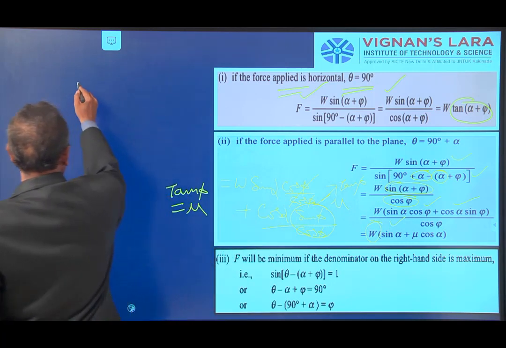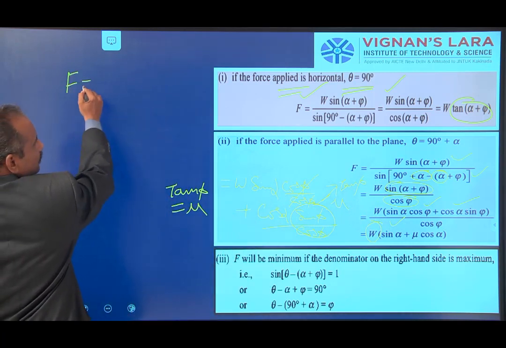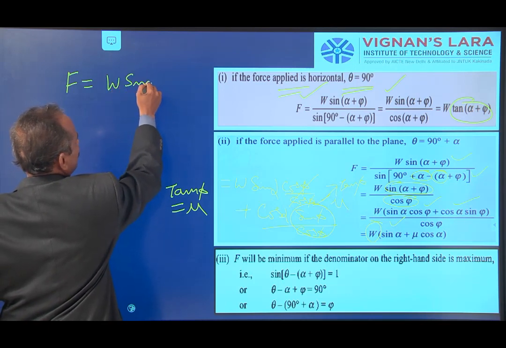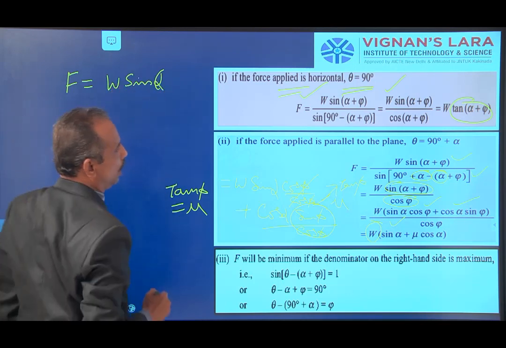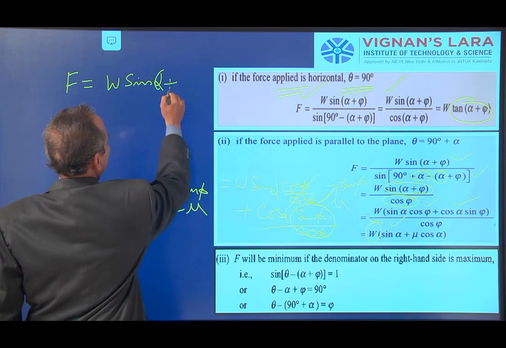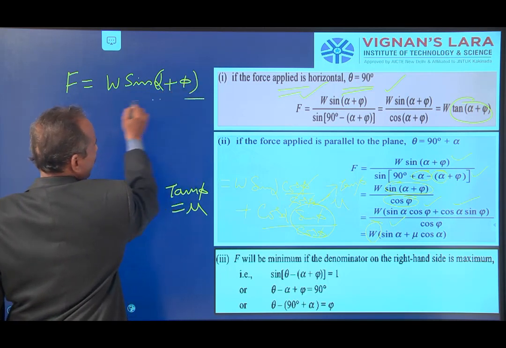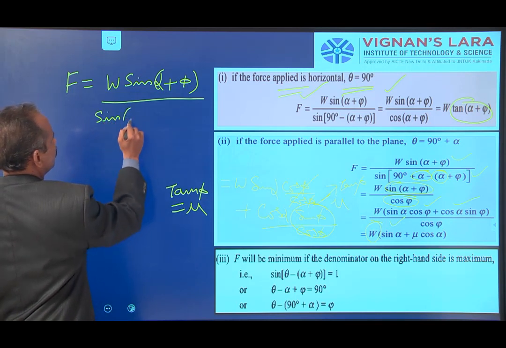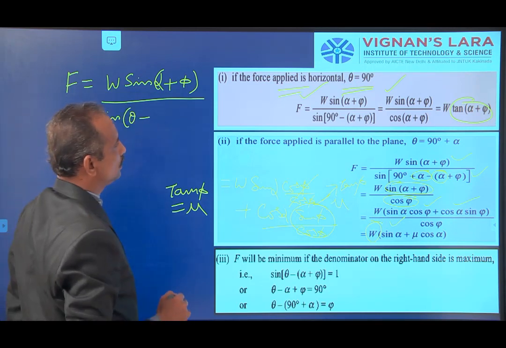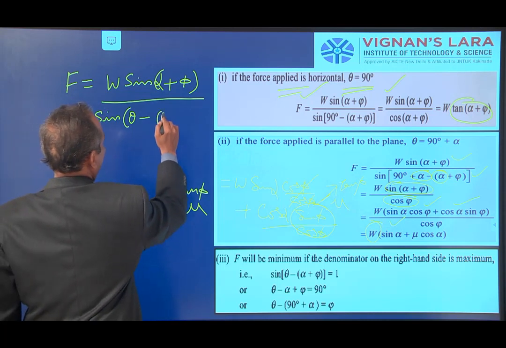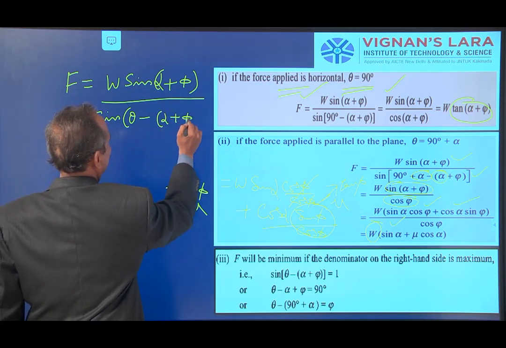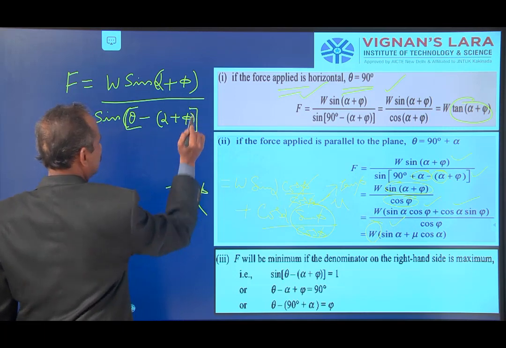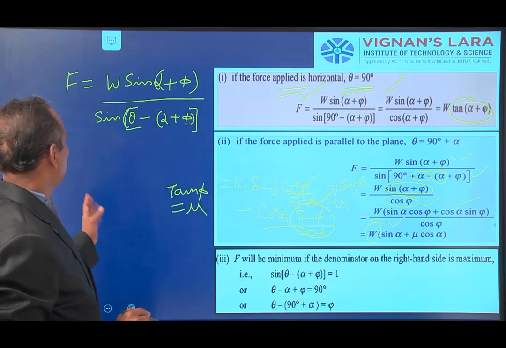F is equal to W sine alpha plus phi by sine theta minus alpha plus phi. This is the equation.